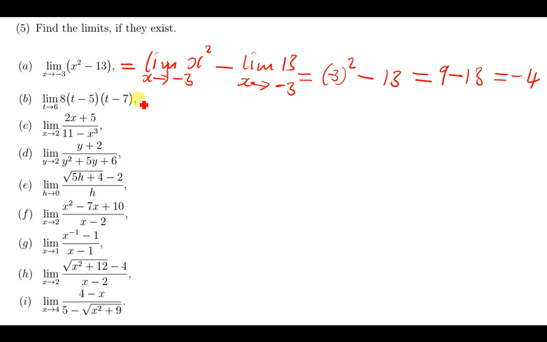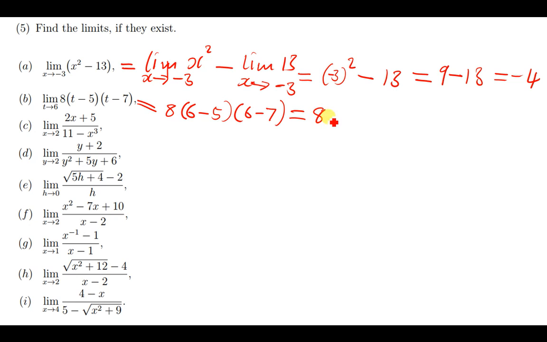Let us quickly move on to this one. So this one, we also just have to replace 6 where there's t there. So we put 6 where there's t. So we're going to have 8, and then we have 6 minus 5, then we have 6 minus 7. So 6 minus 5, the answer is 1.